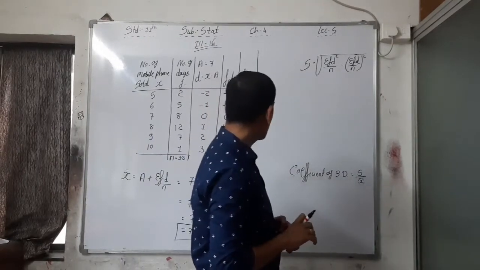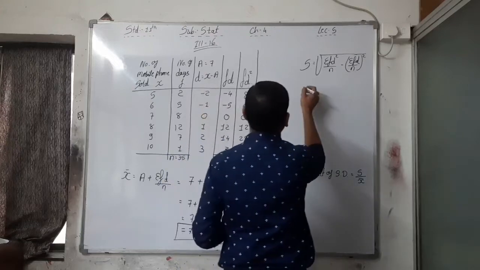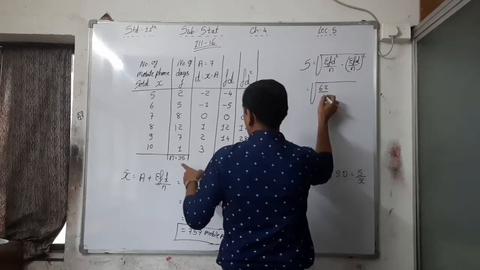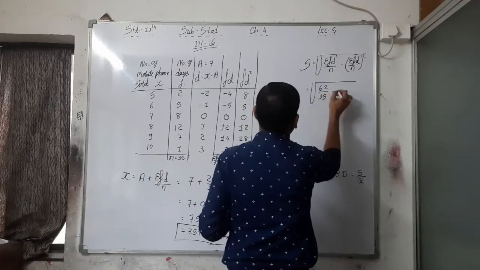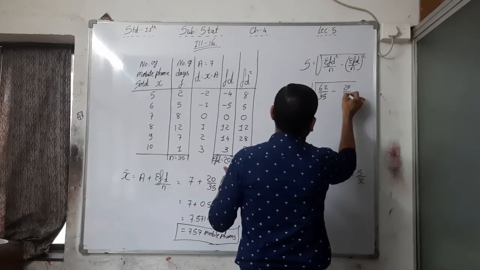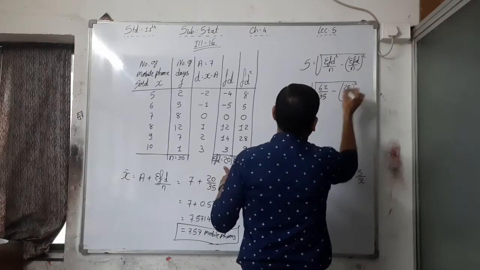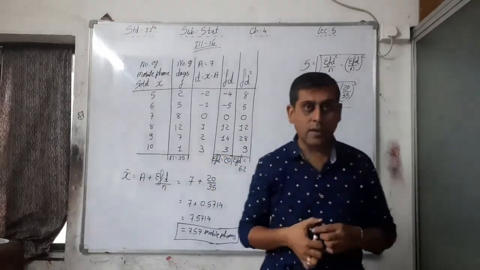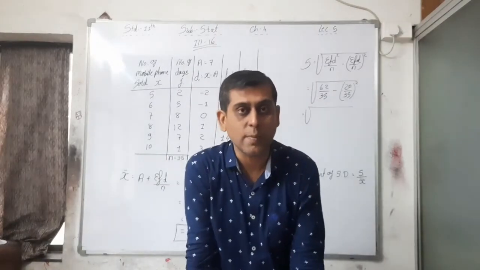Okay, so now put the value here. 62 divided by n, which is 35, minus 20 divided by 35 whole square. Do by yourself. 62 divided by 35.